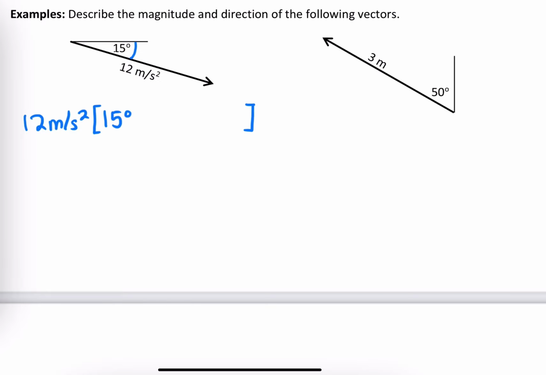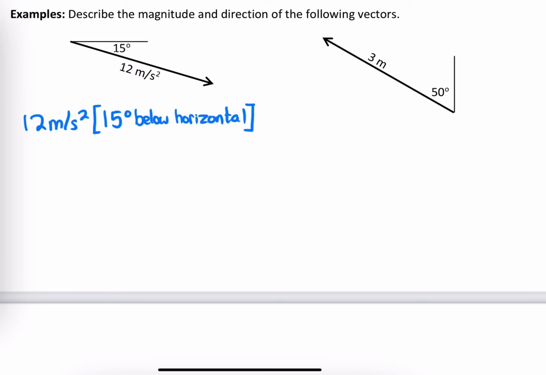is by saying it is 15 degrees below horizontal. Right? Here's horizontal, and here's my vector 15 degrees below that line, below the horizontal.